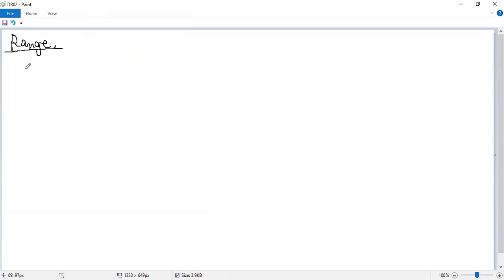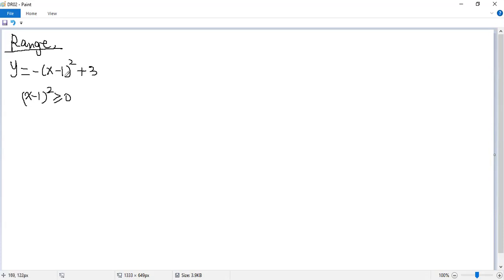First, let's consider a quadratic function. So y equals negative (x minus 1) squared plus 3. We know the square of any number should be non-negative. So we get (x minus 1) squared greater than or equal to 0.